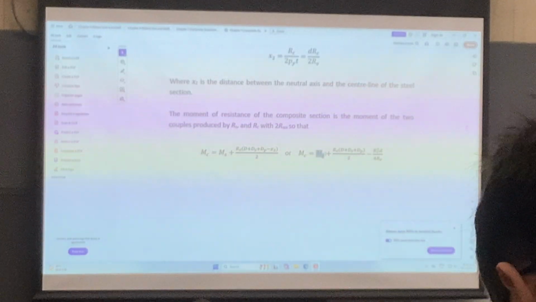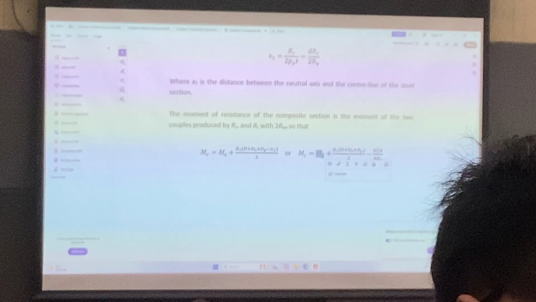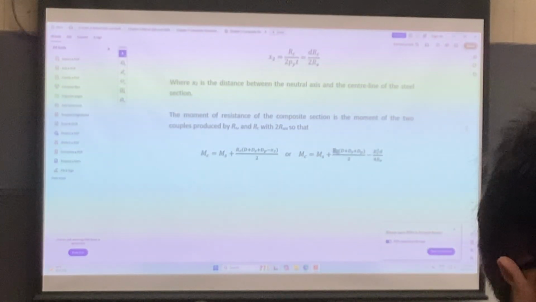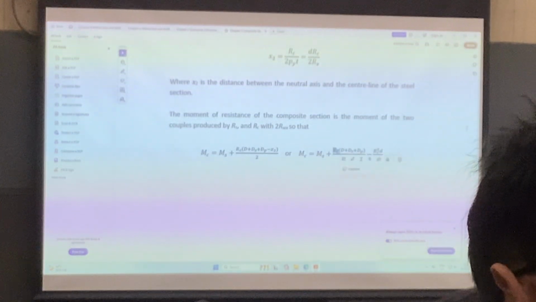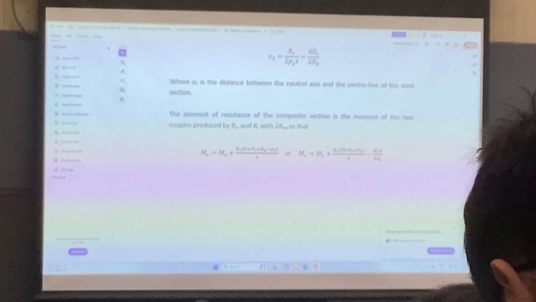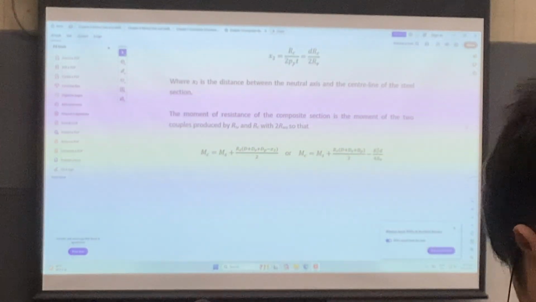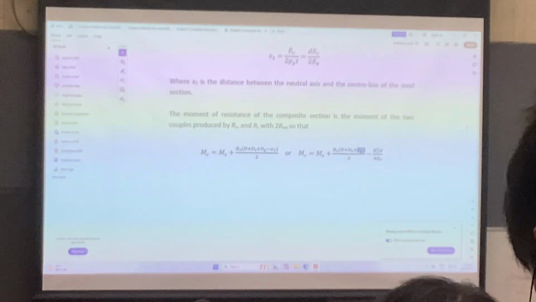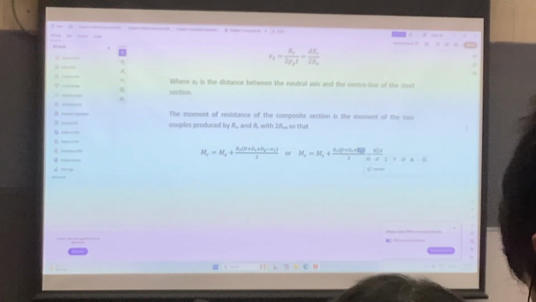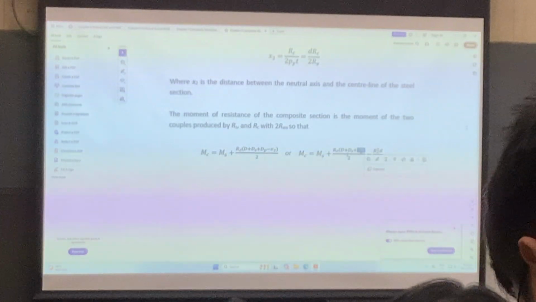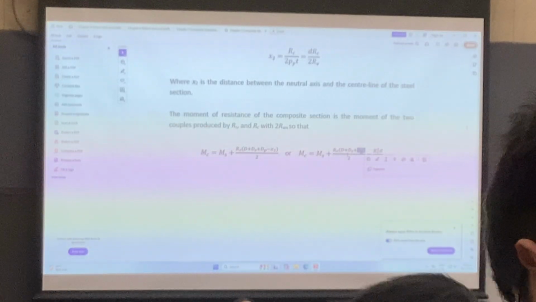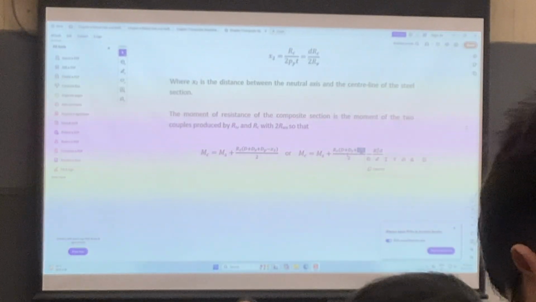MS is the moment capacity of the steel beam. RC is the compression of the concrete section. D is the overall depth of the steel beam. DS is the depth of the slab. DP is the depth of the trough, okay, the section. So you can just use this equation. Once you define the location of the neutral axis, then you can find the answer.